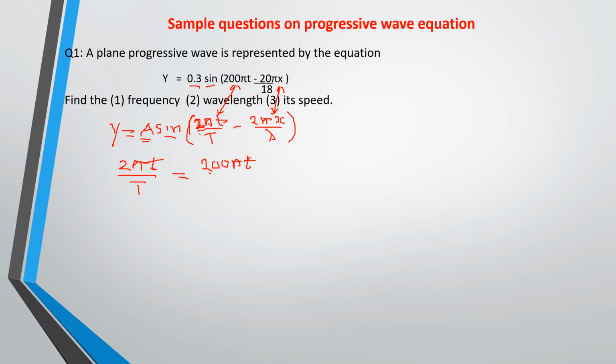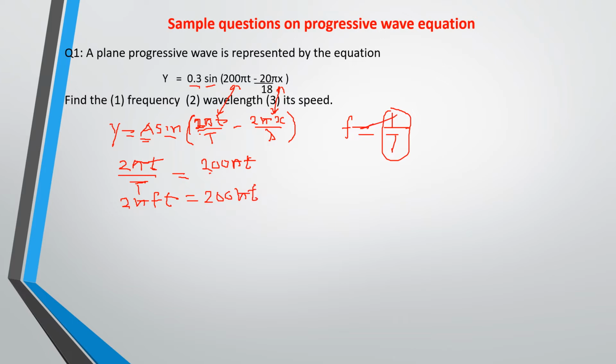Now remember that frequency is equal to 1 over T. This 1 over T is here. So this equation you can write as 2 pi f t equals 200 pi t. I hope you remember this.